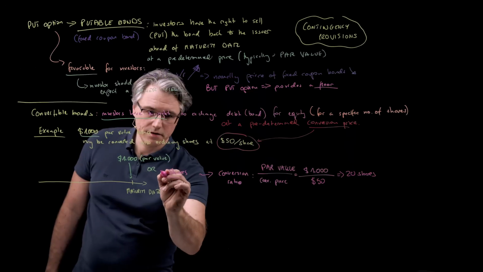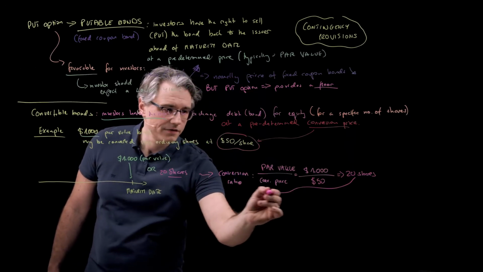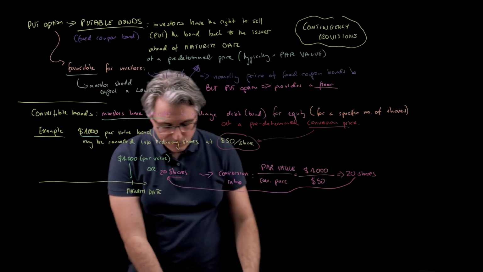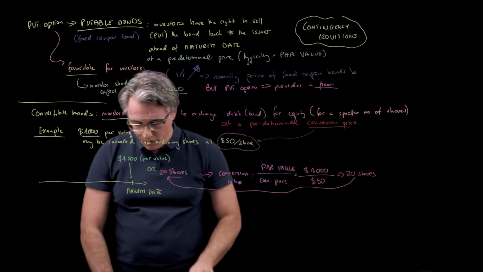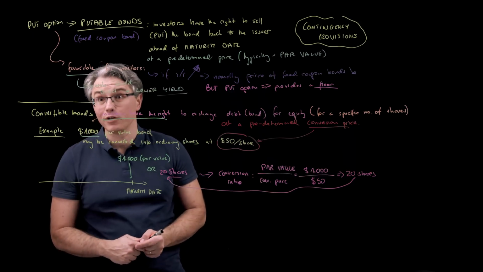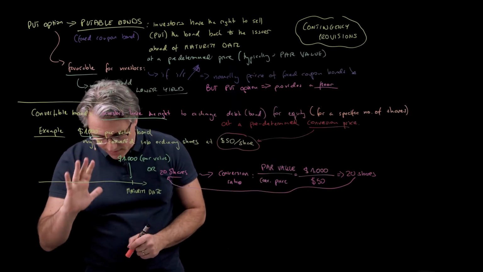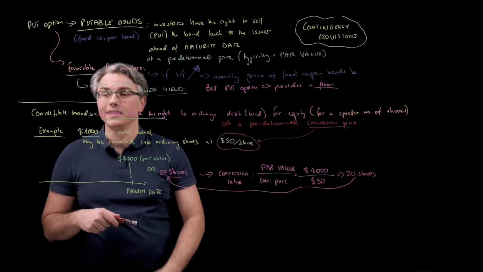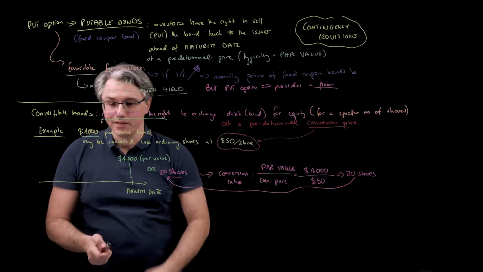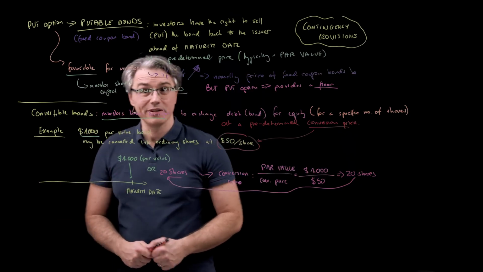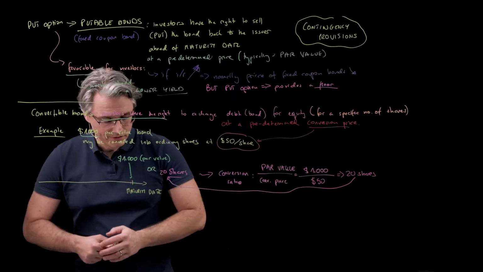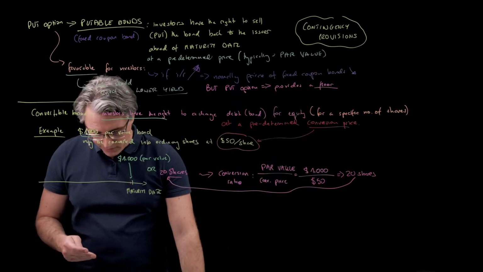So here I can say 20 shares. That's the significance of the conversion ratio. It allows you to compute that relationship, or the number of shares you can get in exchange for giving up the par value, not receiving this. And let me stress, this is up to the investor to decide whether they want one or the other, and they don't have to decide at the very beginning. No, you can decide quite close to the maturity date. You know, there will be a cutoff point when you need to make that decision.